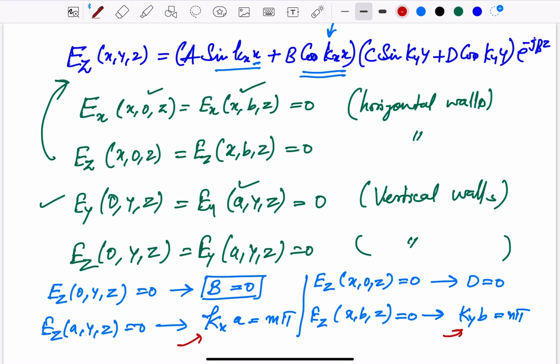And yes, so here we have B is equal to 0 and D is equal to 0. It means we are left with A and C. So we can say a combined constant for this. Let us call it Bmn.